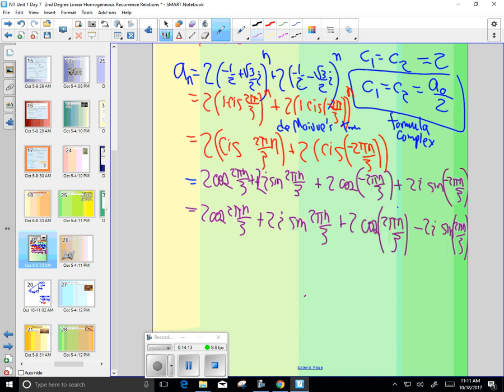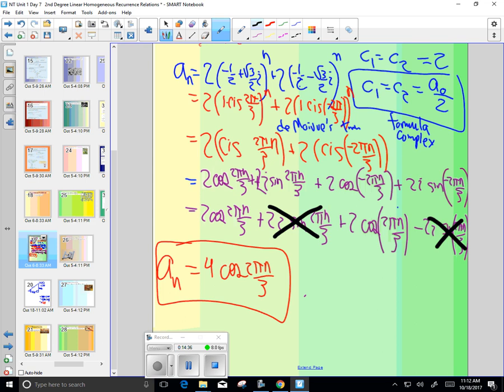Then I notice something here. What do I notice, Musa? Those are gone. And so we'll have 4 cosine 2 pi n over 3 is what a of n is. Yeah. It's long. But let's think this through here.